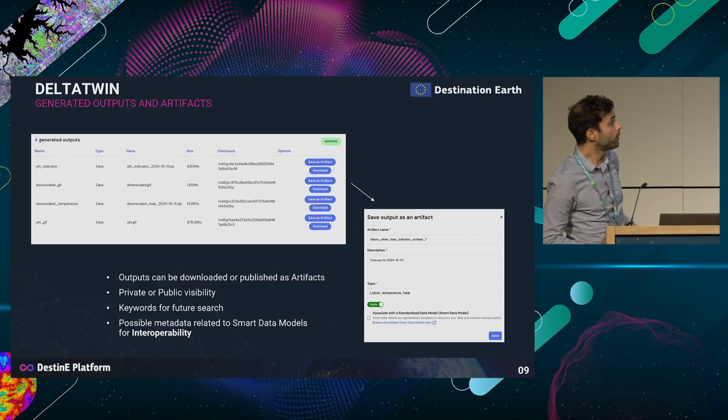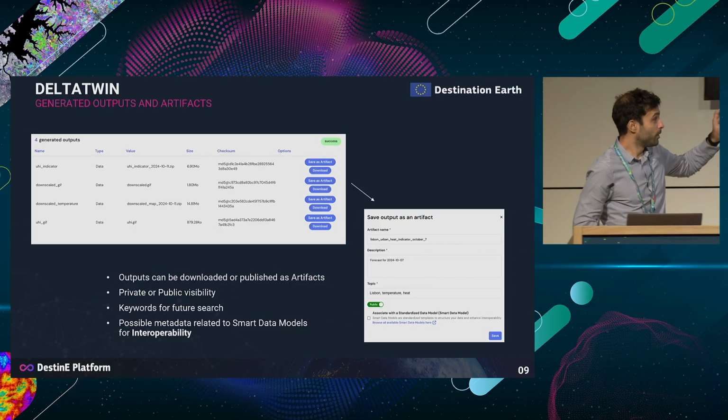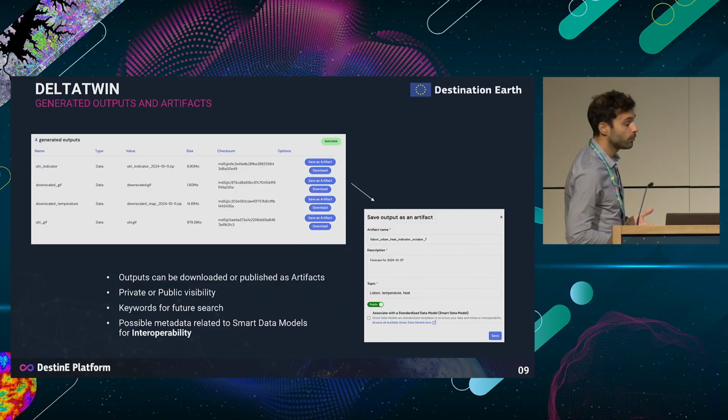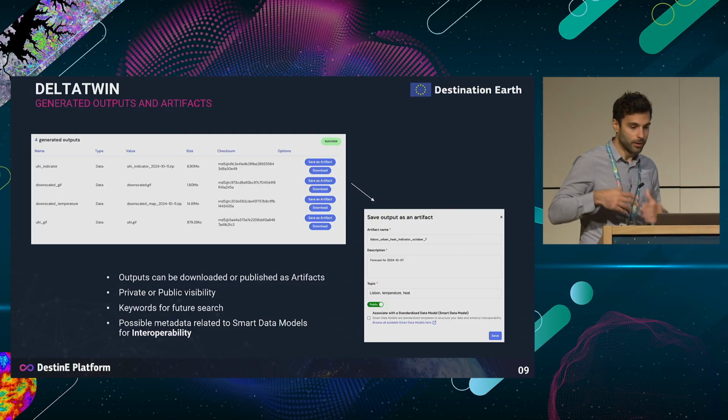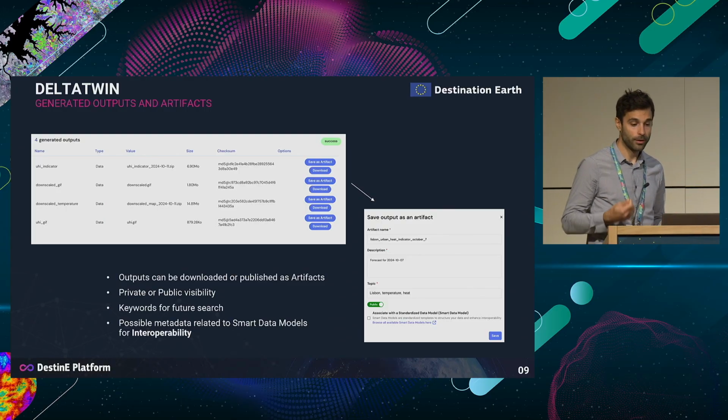One important point is all the output generated by the Delta Twin component can be structured based on a standard structure like smart data model, which allows connection with external systems and is very useful in the context of urban twin.